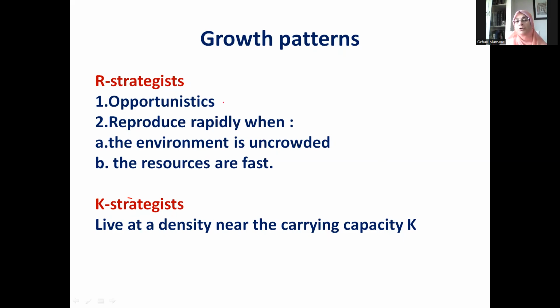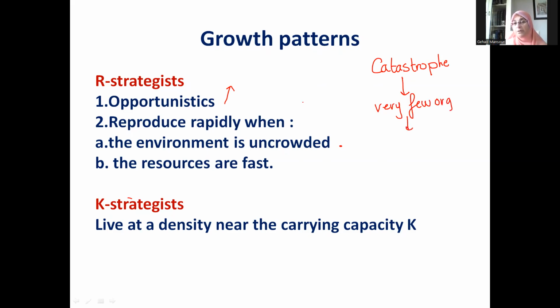The R strategists are usually opportunistic individuals, meaning that they seize the opportunity when the environment is uncrowded, when they are introduced, for example, in a new environment and the resources are vast. For example, sometimes you have a catastrophic event like a huge fire, and many organisms are destroyed. So here we will have very few organisms left.